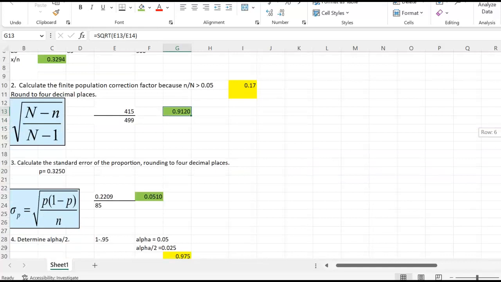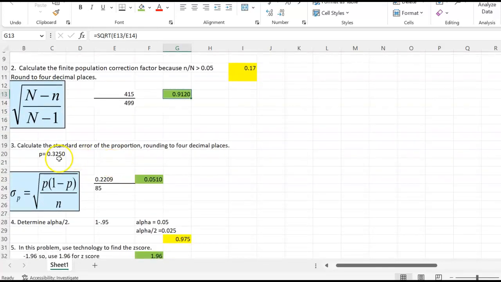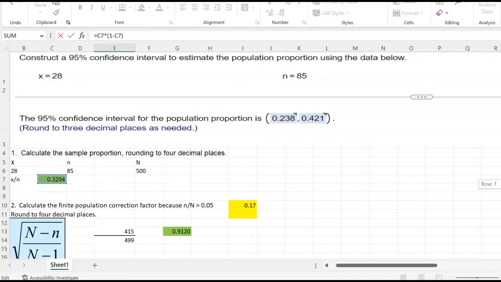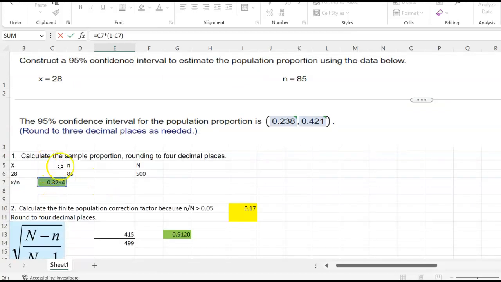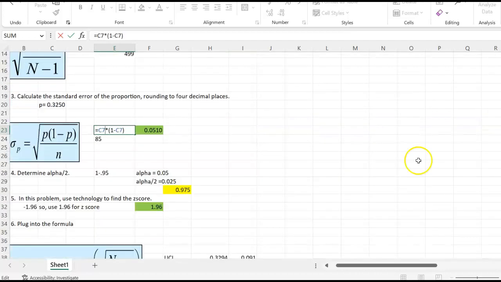For step 3, I need to calculate the standard error of the proportion. So I'm going to take C7, which is P, right here, 0.3294, times 1 minus 0.3294, and then I would get 0.2209, and then divided by n.